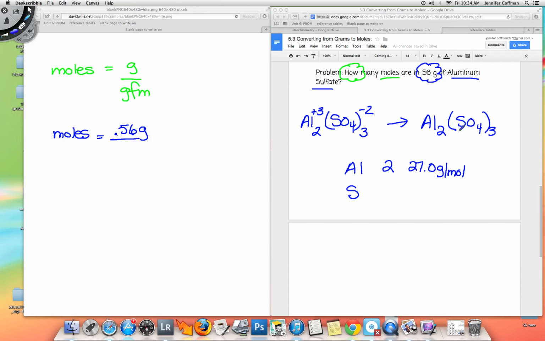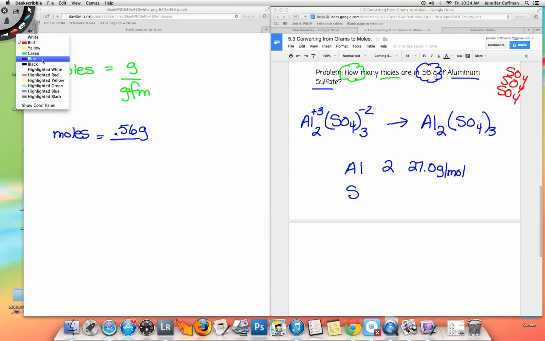This 3 is for the entire SO4. What it really means, if you don't understand this, is that there are 3 of these SO4s. SO4, SO4, SO4. And because there are 3 SO4s, there are 1, 2, 3 S's.